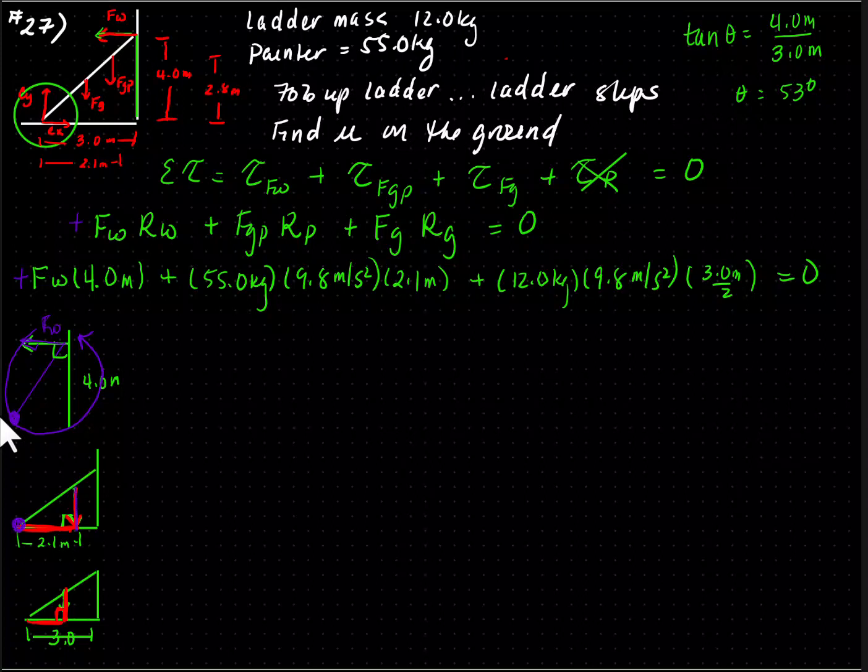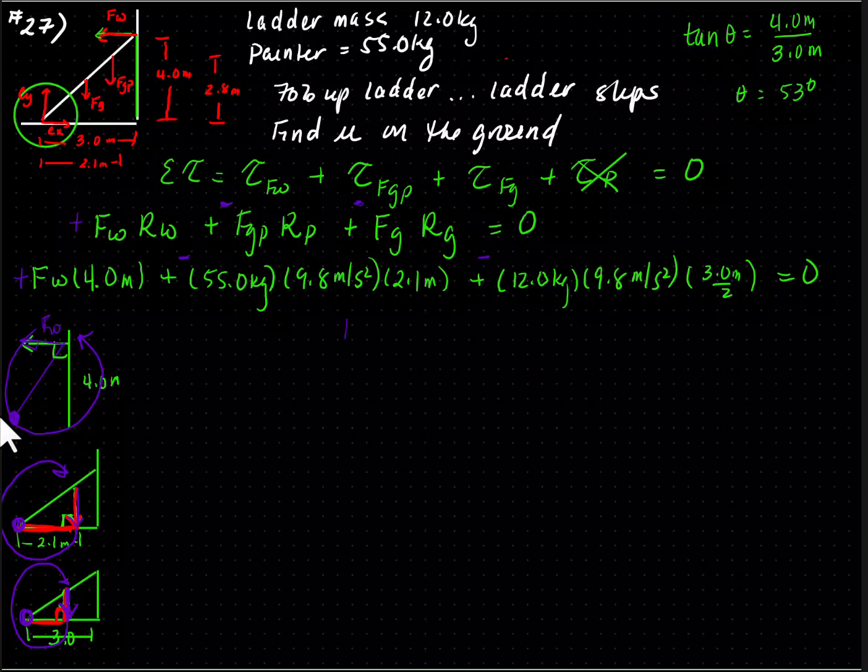If I pull this force down, the ladder is going to rotate clockwise, so this is going to be negative. If I pull this down right here, which is the center of mass, and my pivot point is on my left, it's also going to rotate clockwise. So this is negative.